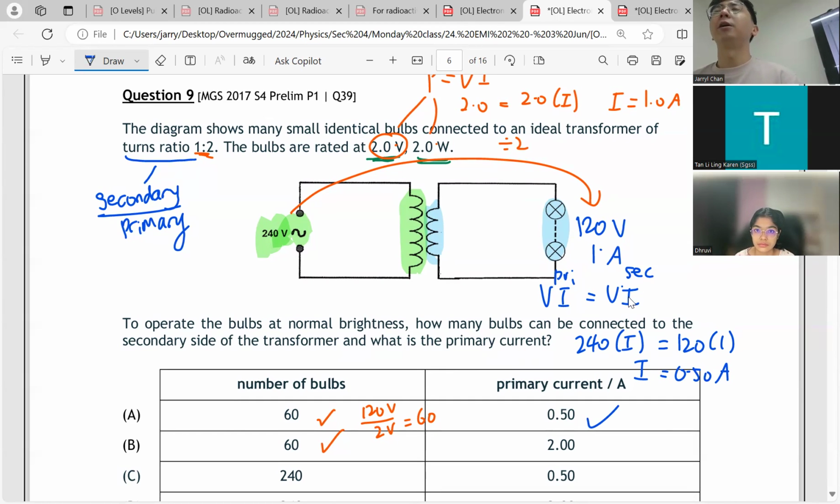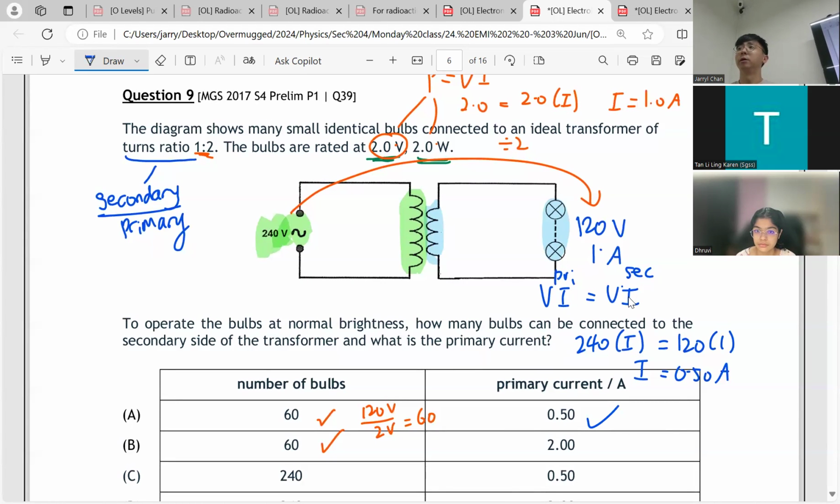Can I understand where you all are getting wrong at? Who didn't get the question? Do you understand the number of bulbs thing, is it? But do you manage to get the turns ratio?